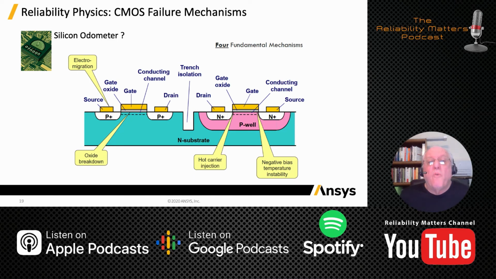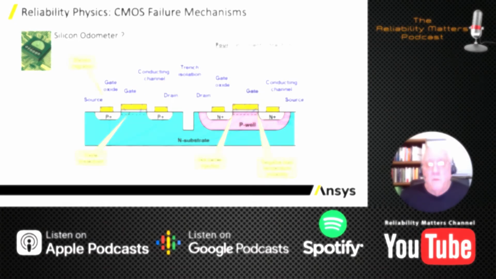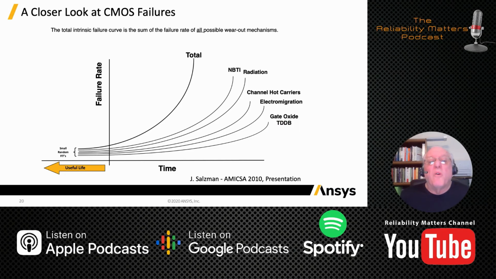So here are the four major mechanisms: electromigration, oxide breakdown, hot carriers, and bias temperature instabilities, bathtub curve, and you break it out into the kinds of failures that are going on inside CMOS. Here's what it kind of looks like. So you have those four things that I talked about just a moment ago, all adding up.